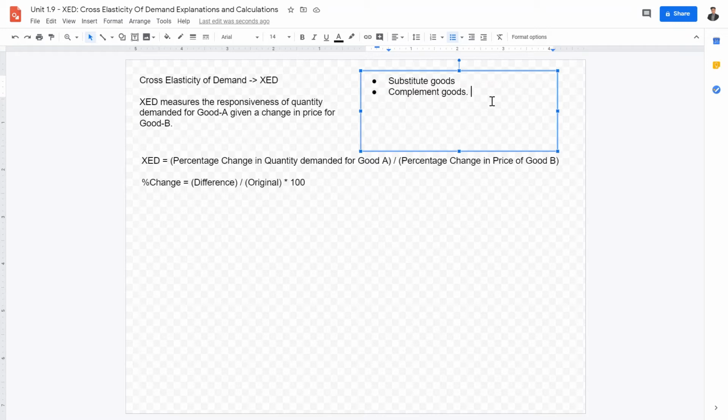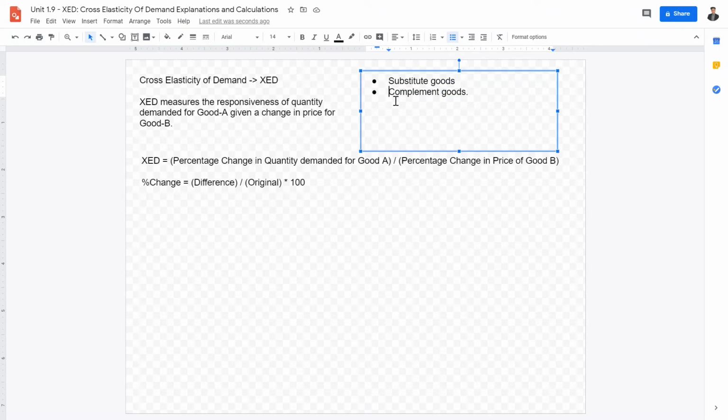When the price of good A, in this case McDonald's hamburgers, increases, then usually the demand for good B, which in this case would be Burger King Whoppers, would also increase, seeing as how consumers, instead of buying more expensive McDonald's hamburgers, would just go to Burger King for their Whoppers. So therefore, these two products have a substitute relationship.